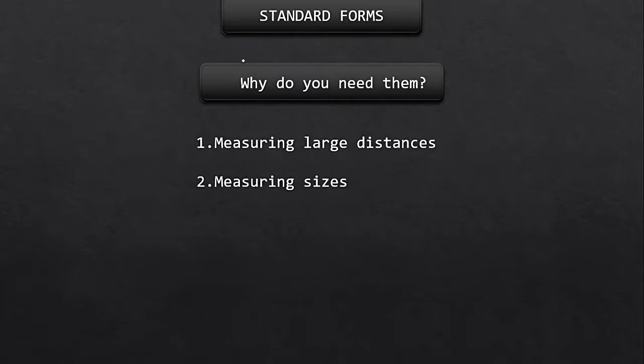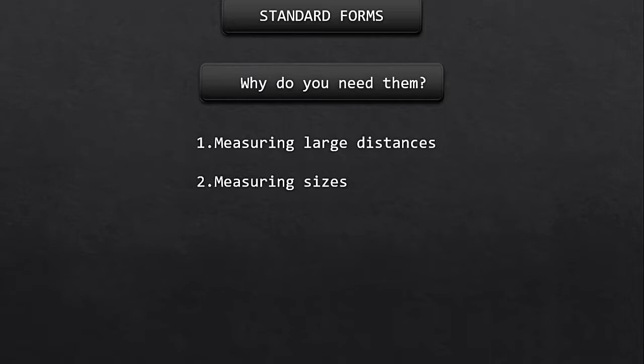So standard forms, and why do we need them? Let's start with standard forms. In the outline we said our first subtopic is going to be on standard forms, and here we are going to deal with why we need them. First of all, we need them for measuring large distances. If you are in your living room now watching this video, then how far your kitchen is from you might be small or might be large, but it is not as large as our distance here on earth to the stars.